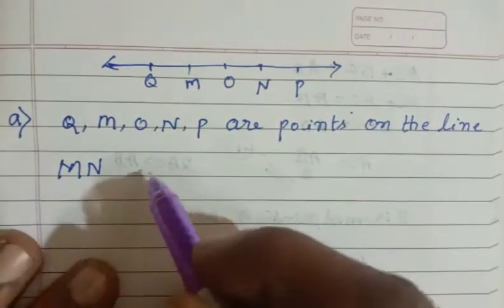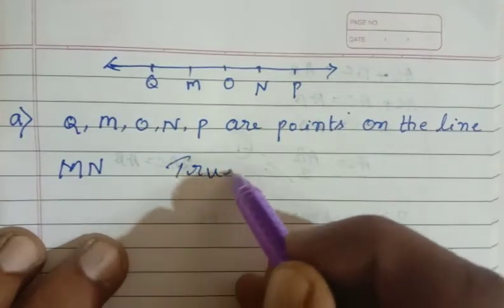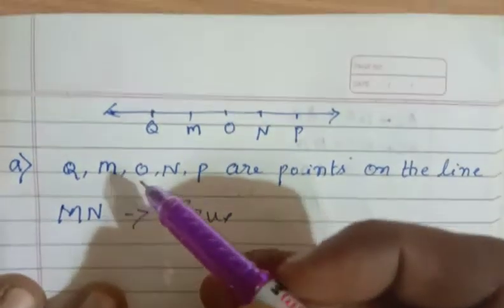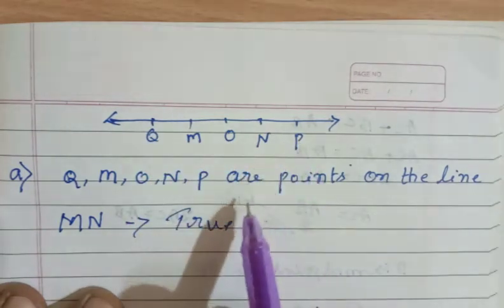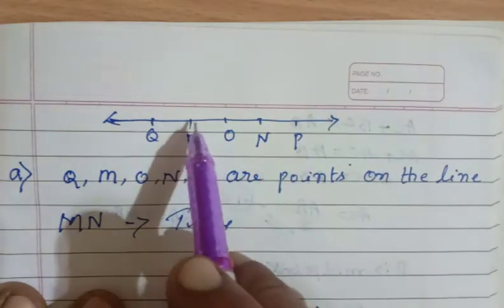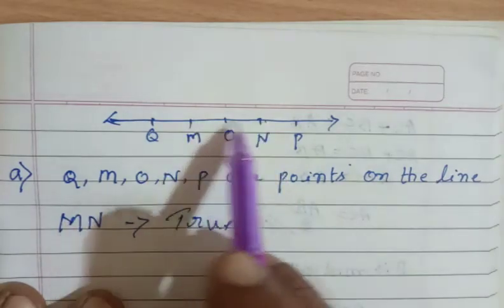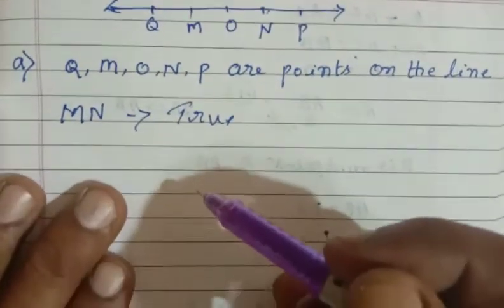True or false? It is true, because Q, M, O, N, P are the points on the line MN.